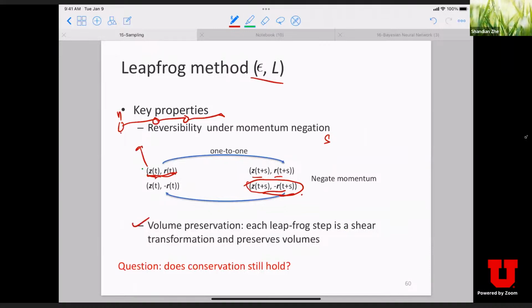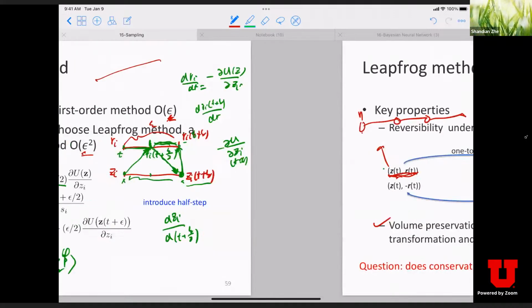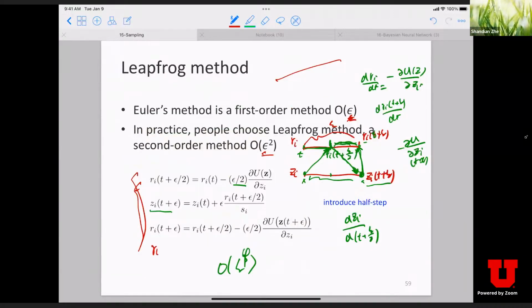And the second property is that it still preserves the volume. That means even if you use leapfrog to simulate, every time step you get a new state, r_i t plus epsilon and z_i t plus epsilon. The determinant of the Jacobian of this new state with respect to the original state is still 1.